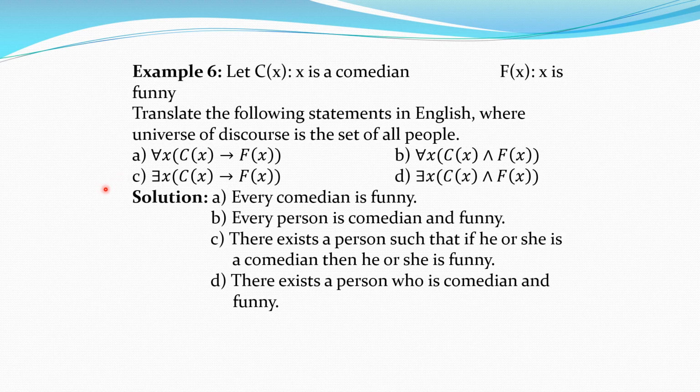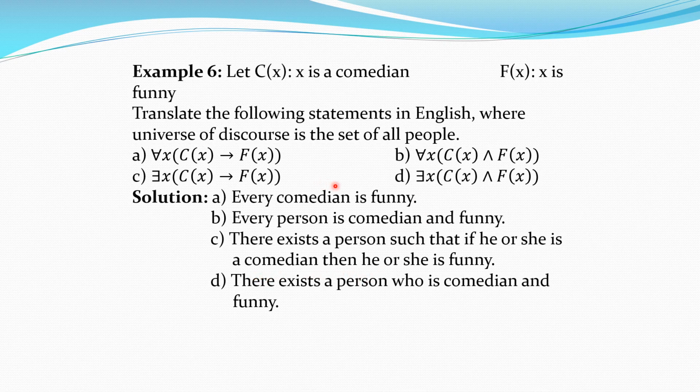Third, there exists x, C(x) implies F(x). Now again this part is the same but the quantifier is different. So there exists some x who is a comedian, then he is funny. So how to write in English? There exists a person such that if he or she is a comedian, then he or she is funny.